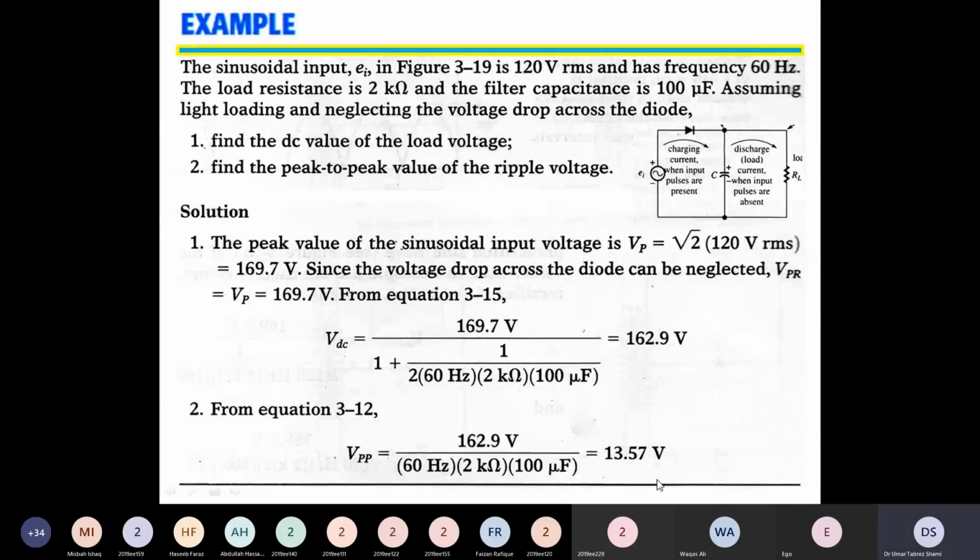This is 13.57 volts. Okay, any questions so far?